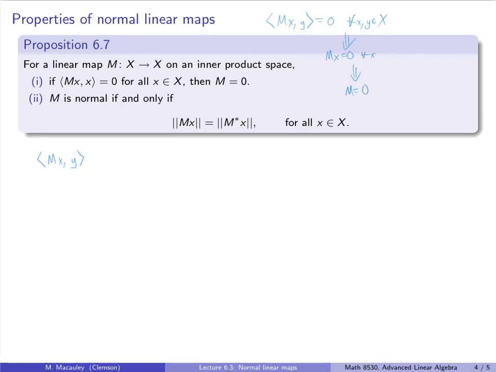So we can write this as, I claim, 1/4 times the inner product of M(x plus y) with x plus y, minus the inner product of M(x minus y) with x minus y, plus i times the inner product of M(x plus iy) with x plus iy, minus i times the inner product of M(x minus iy) with x minus iy.